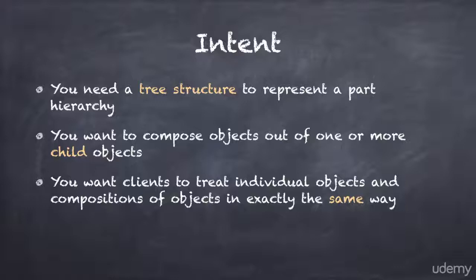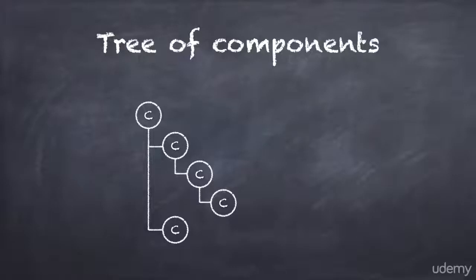So, in this pattern, you are working with objects which, in the terminology of this pattern, are called components. And the key issue here is that some components actually contain one or more child components. And these child components can also contain child components, thus forming a tree of components.